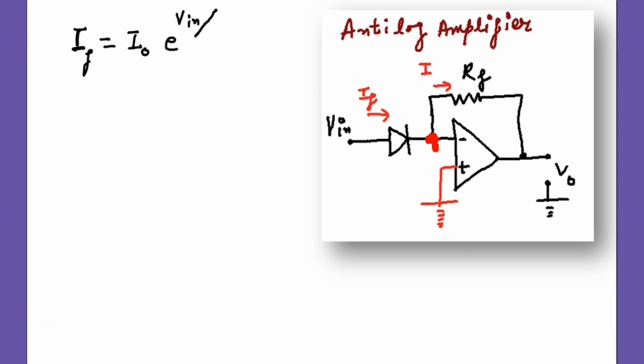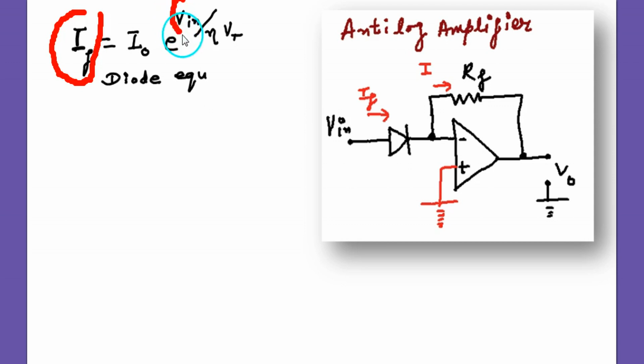Now this is the diode equation for forward current. The current of a diode is a function of the input voltage, and the current increases exponentially. This is a voltage which is a function of temperature, and eta is again a constant depending on whether the material is silicon or germanium.